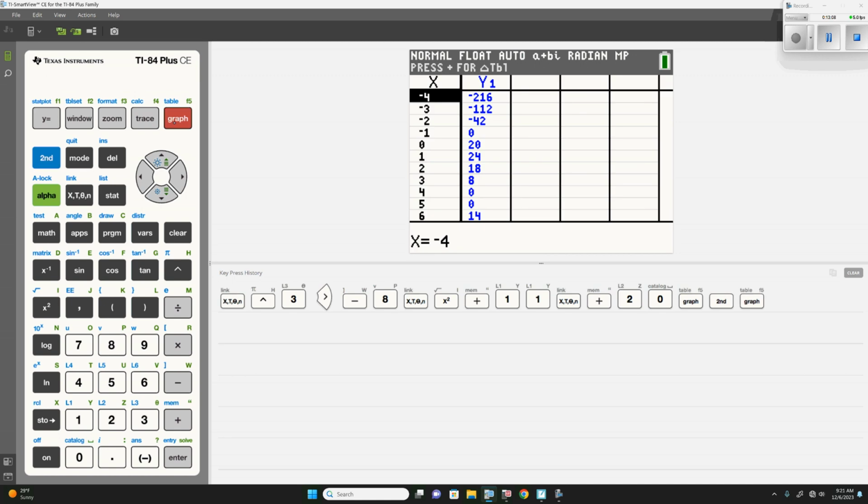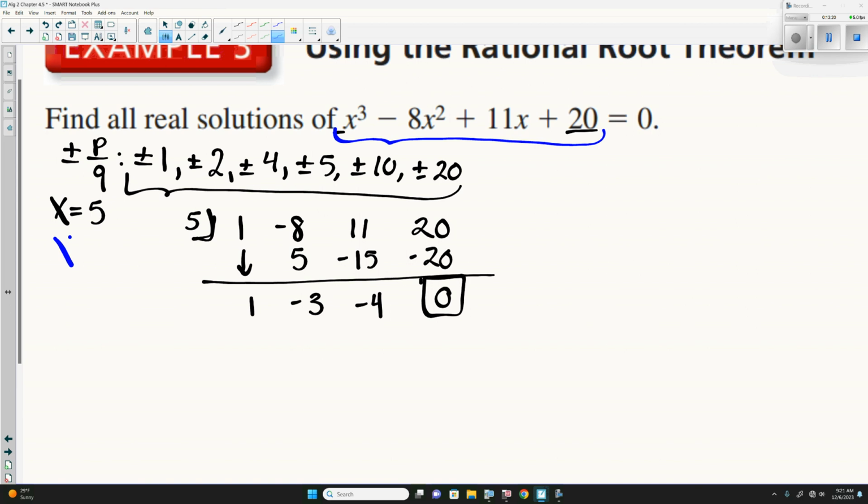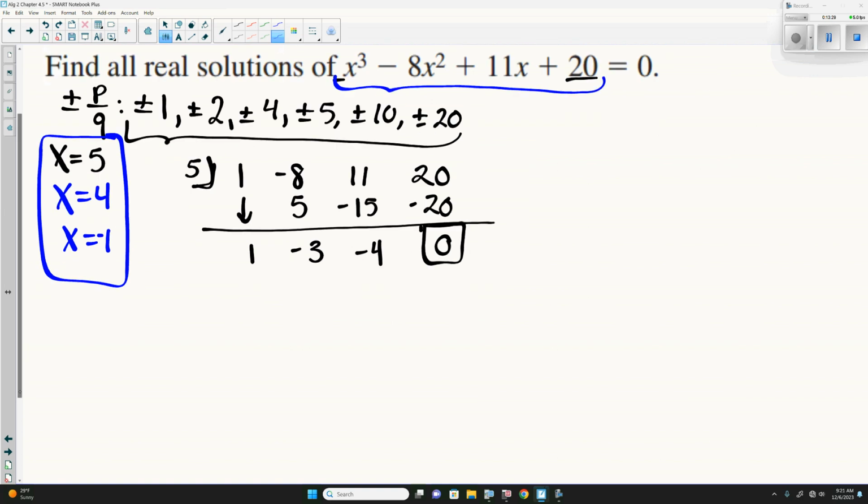And if we look at this here, one of the values we already found was 5, yes? It showed up. But we also have another one. Those are our 3 solutions. If it gives us all 3, here we needed 3, it gave us 3, so we're done.